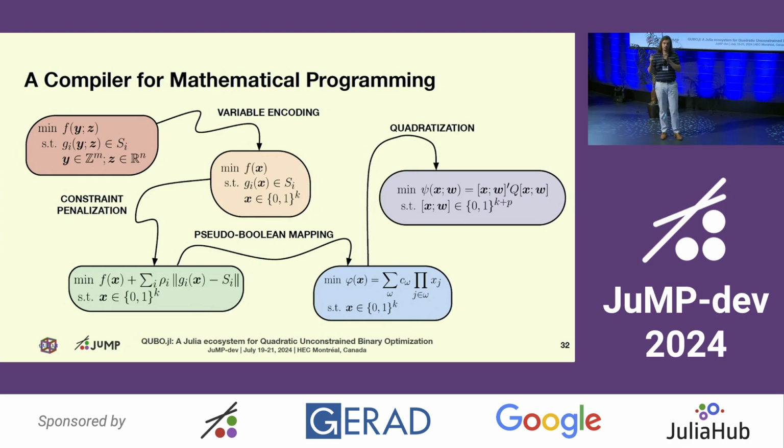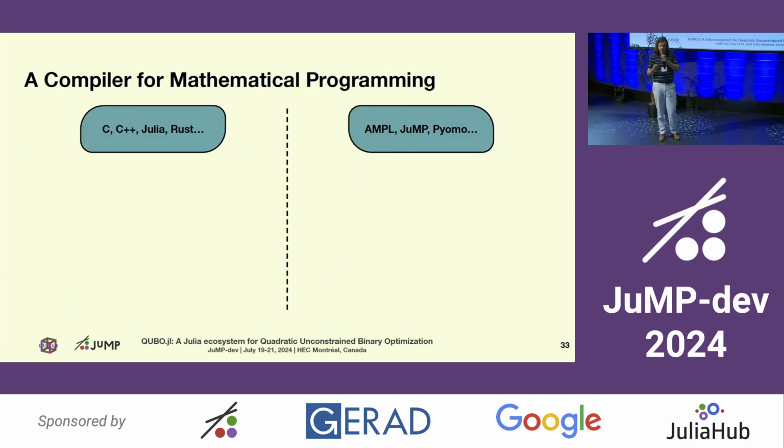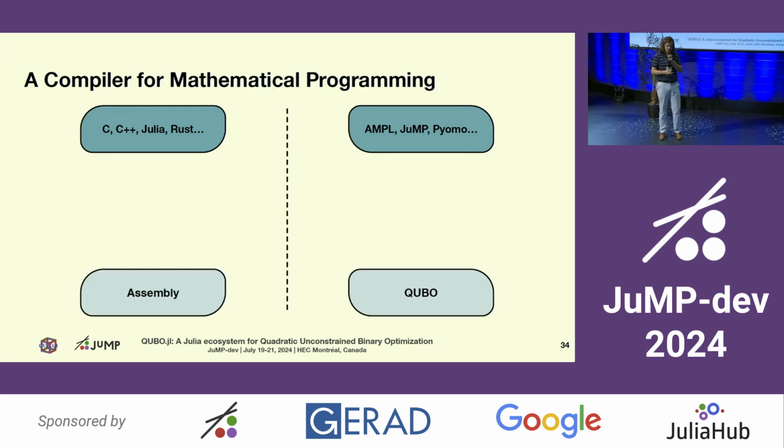This is what was implemented in QUBO. And this is very similar to what you do when you compile some kind of higher-level language into some lower-level one. We can imagine that QUBO is the equivalent of what assembly would be to most of these machines. They are very close. They have the specificity. Sometimes you have to do a further step to make it fit in the hardware, but it's usually the closest you can get to controlling what's happening.